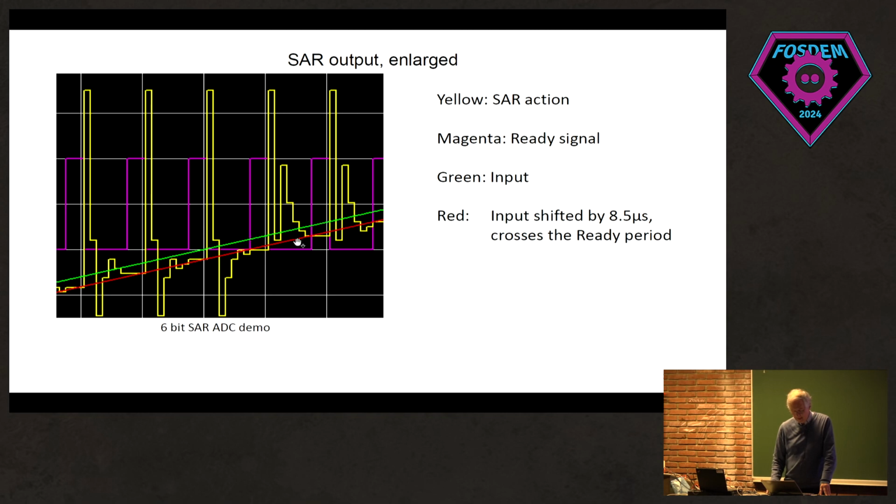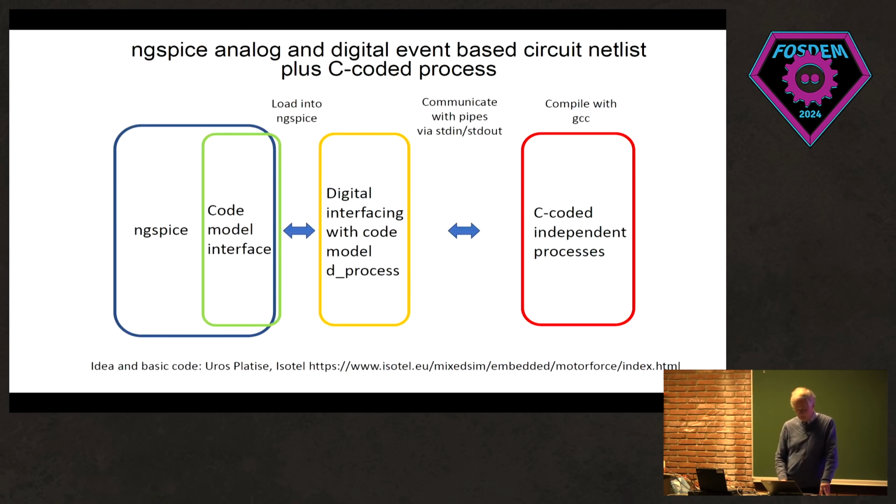Well, with a certain delay, 8.5 microseconds here, which is the time you need for the conversion. Then you are in the stable phase, and this is the red line, just shifted by 8.5 microseconds, which is the output signal. So digital plus analog.